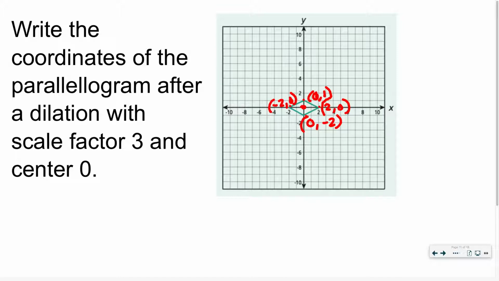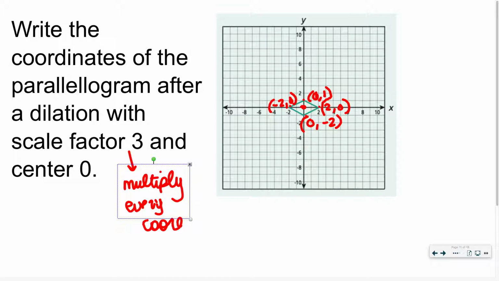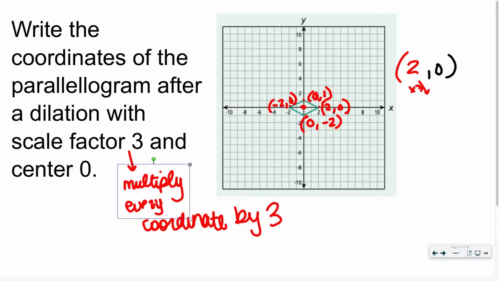Good. So, scale factor of 3 is going to be multiply every coordinate by 3. So that first coordinate of 2, 0, what would it become? 6, 0. It would become, if I multiply by 3, 6, 0, which is over here. How about 0, 1?